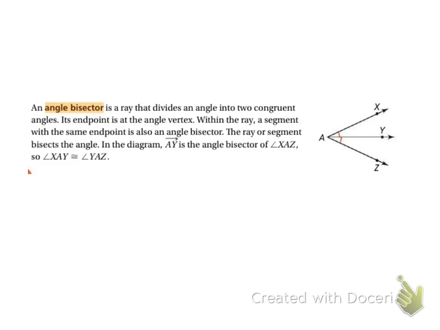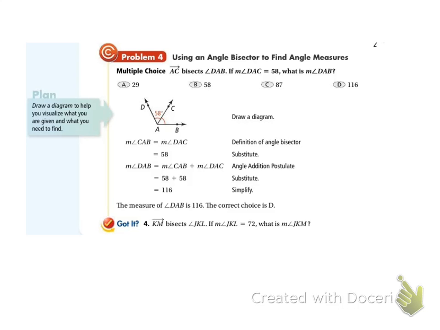Okay, an angle bisector is a ray that divides an angle into two congruent angles. So it's just like when we were looking at a segment bisector the other day, but this time it is a ray that splits an angle. Alrighty.